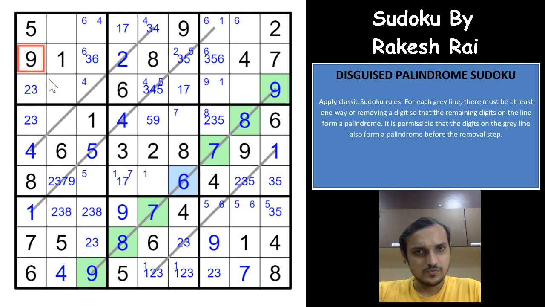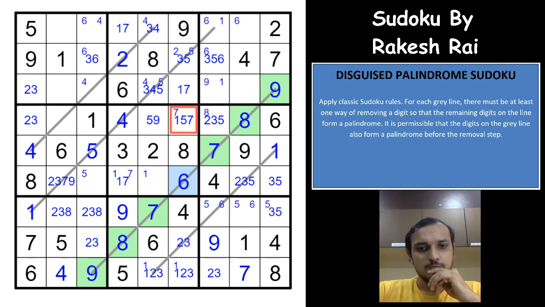Okay. 1, 5 and 7. What are we missing here again? A very excellent construction by Rakesh Rai. Even after so many givens, I'm 100% missing something. I'm sure that I'm missing something really very simple.